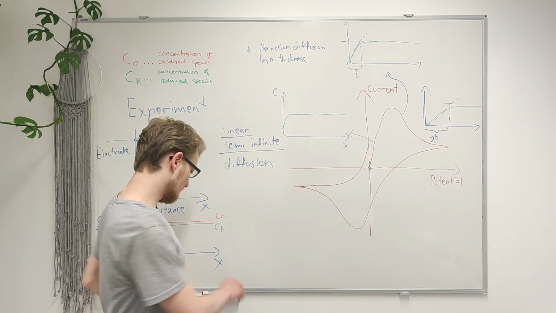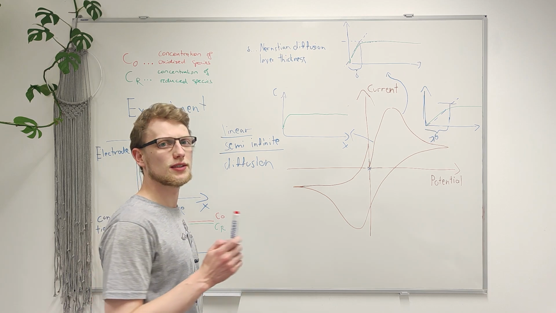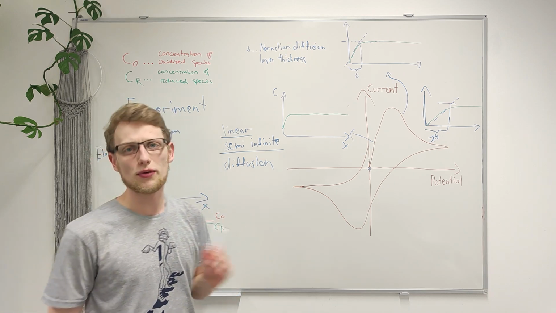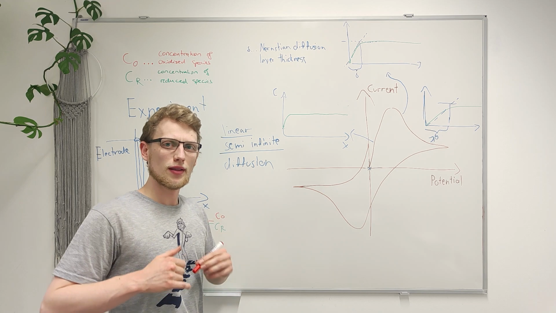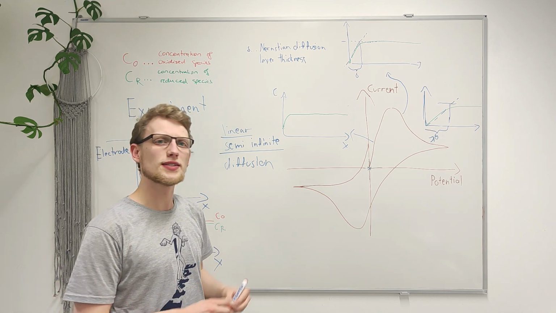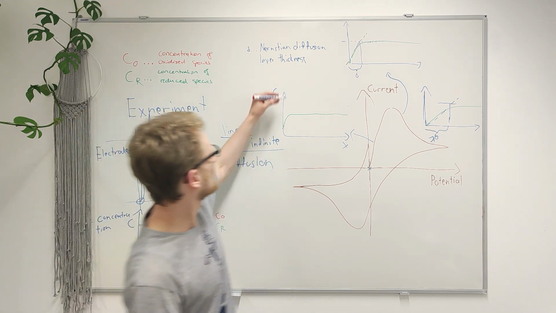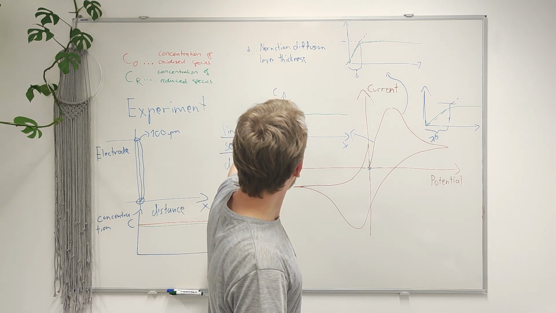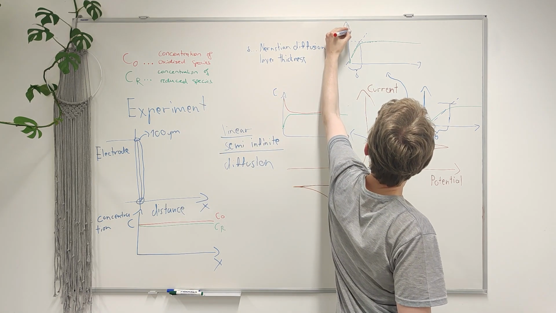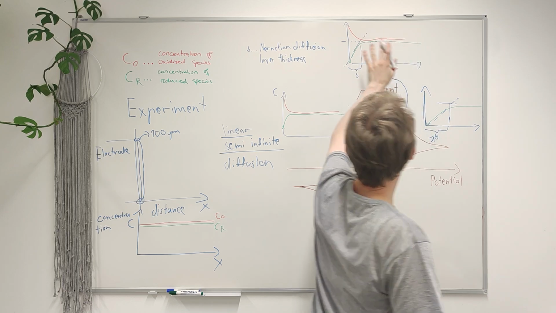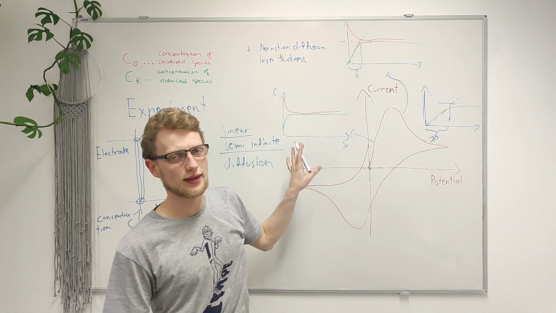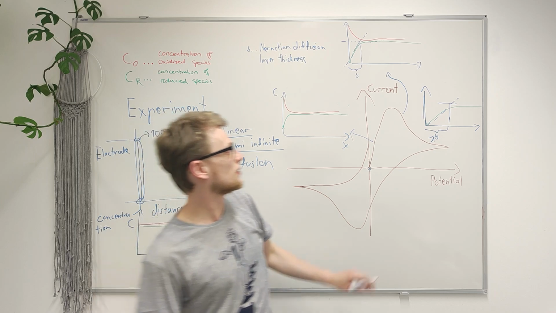Now we have a look at how the oxidized species is generated at the electrode. Therefore, the concentration at the electrode is higher than in the bulk solution. Notice that its behavior is more or less mirroring the behavior of the reduced species.